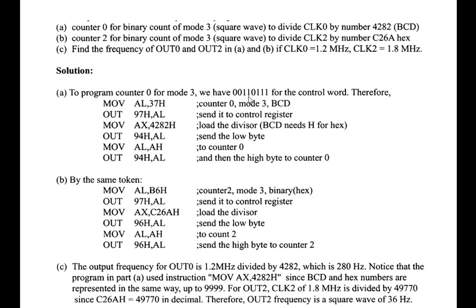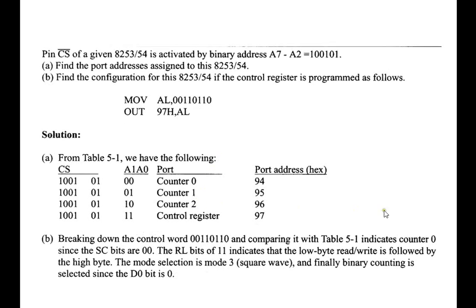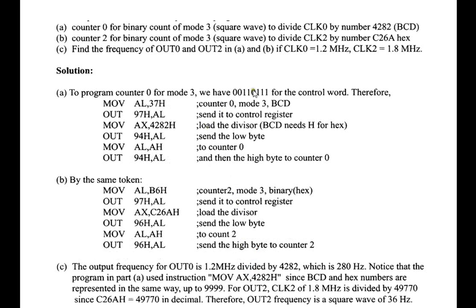Always make the read write logic 1 1, which means it will read the least significant byte first, then the most significant byte. Now the mode is 3, so we write 0 1 1, and since the output is BCD, in the D0 position we have 1.